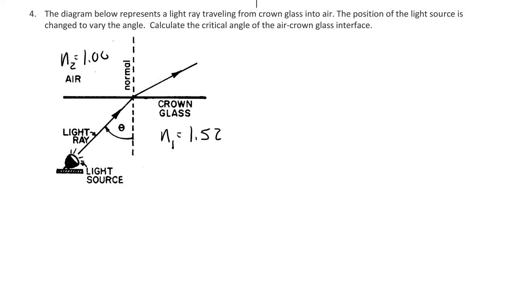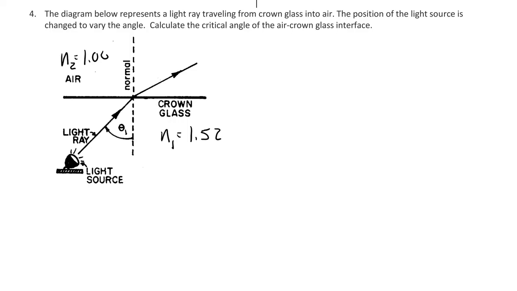Second sentence. The position of the light source is changed to vary the angle. Is this the incident angle or the refracted angle? This is the angle of incidence, or theta 1 for Snell's law, because we're going to do the Snell's law equation. It says calculate the critical angle of the air-crown glass interface.